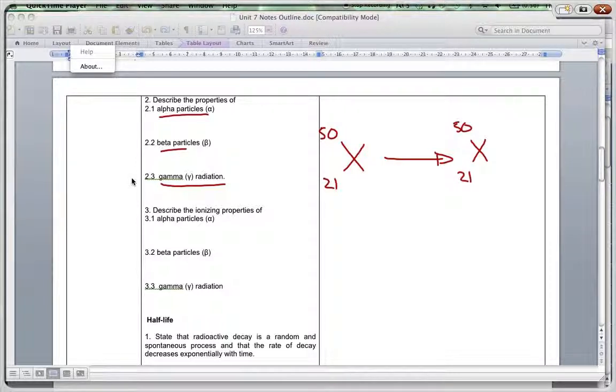They give off energy out of this nucleus in the form of a gamma ray, or a gamma photon. This is the symbol that we use for gamma radiation. Very high energy radiation.